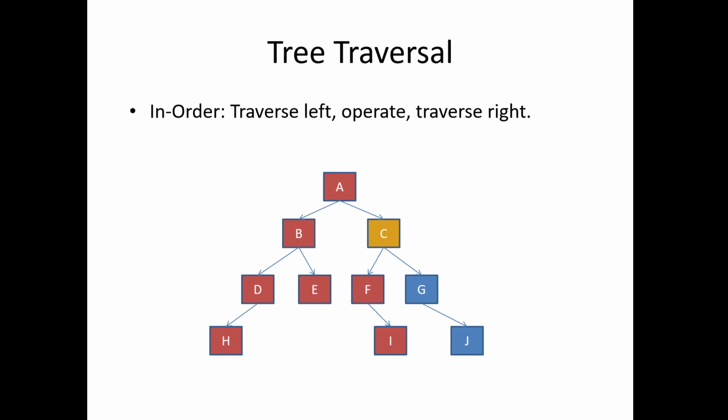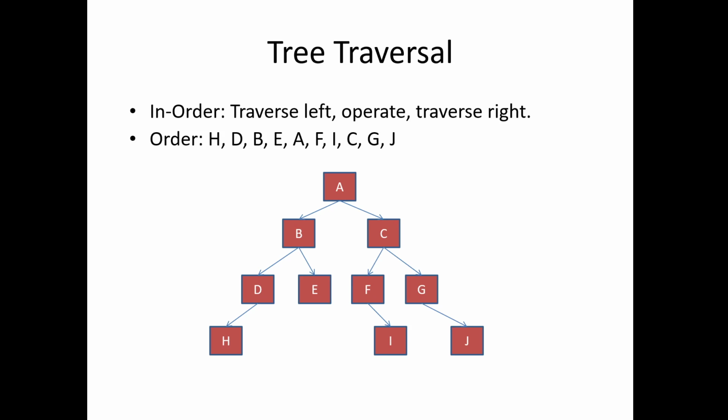F now finished will also recurse back to C, which will output, and try its right, G. G will try its left before operating, but there is no left, so it will output, and then try its right. And again, J, as a leaf, will operate, and we will continue to unwind here from J to G to C to A before the traversal finishes.